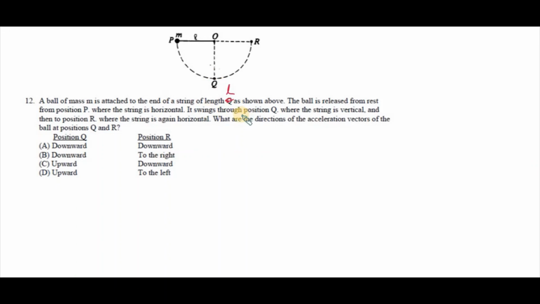It swings through the position O, where O is the center of the circle, where the string is vertical, and then to position R, where the string is again horizontal.